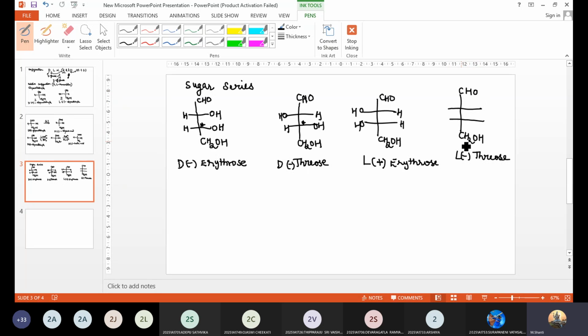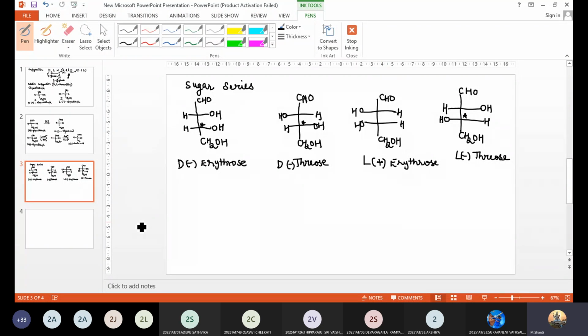How about the orientation of the groups? So always, L means start in the bottommost carbon. OH should be left or right? Left, ma'am. And how about the first carbon? Opposite. Very good.